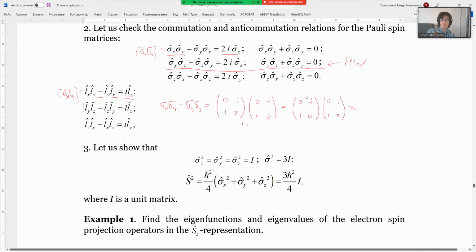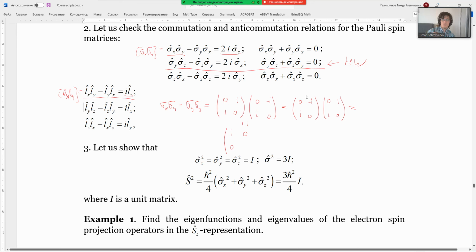So let's multiply these matrices. What we get? This row on this column gets i. This row on this column gives 0. This row on this column gives 0.